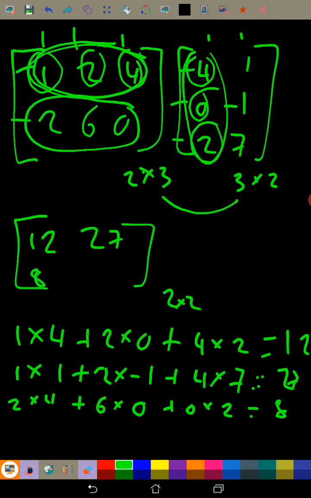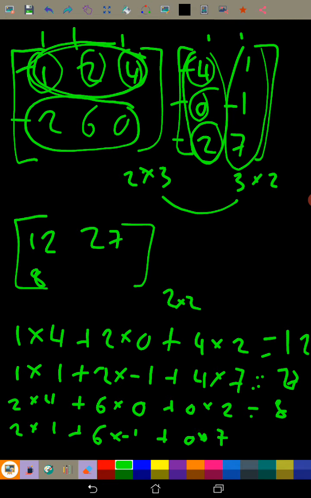Let's take the second now. 2 times 1 plus 6 times minus 1 plus 0 times 7 is equal to 2, plus 6 times minus 1, minus 6, it's minus 4 then, plus 0. Minus 4. Here you go.